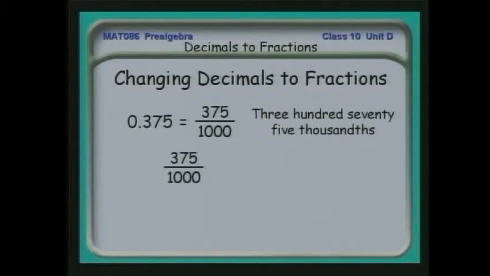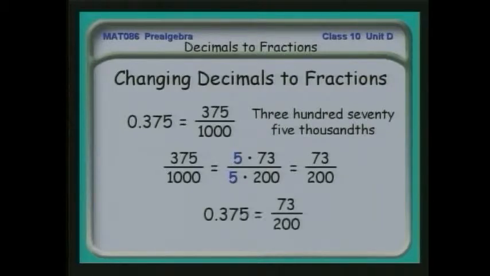375 thousandths, I see that there's a factor of 5 that I can take from the 375 and from the thousand. So I can write this fraction equivalently as 73 200ths, and that's as far as I can go. The equivalent fraction for 0.375 is 73 200ths.